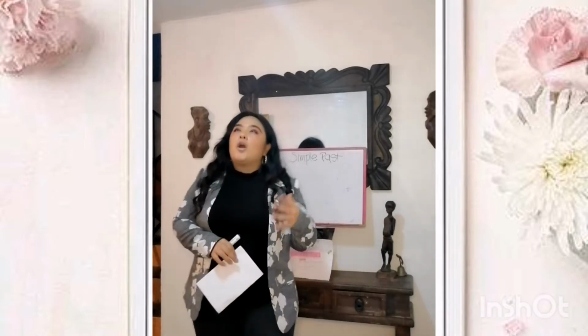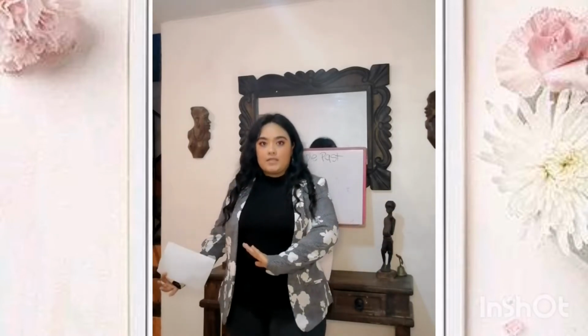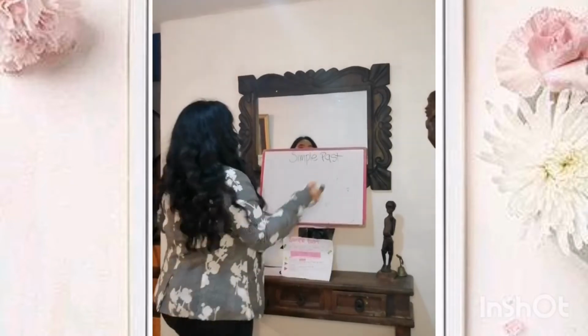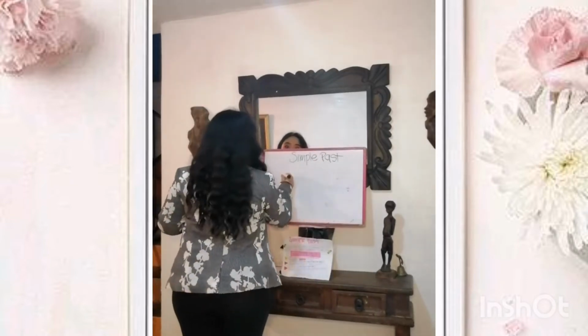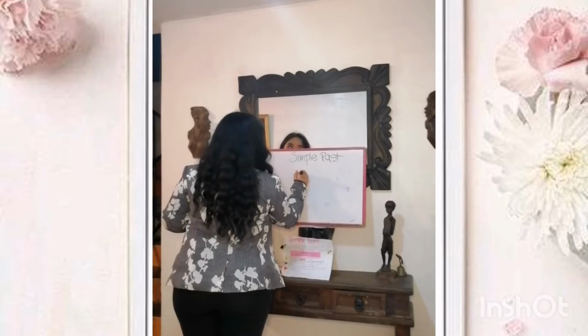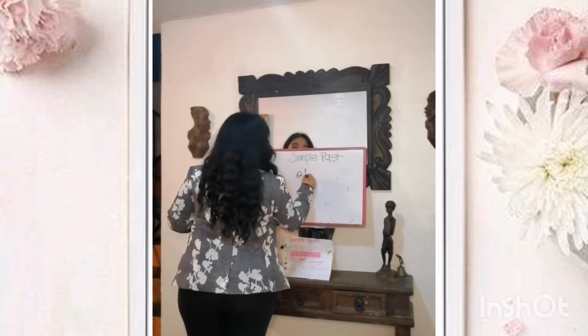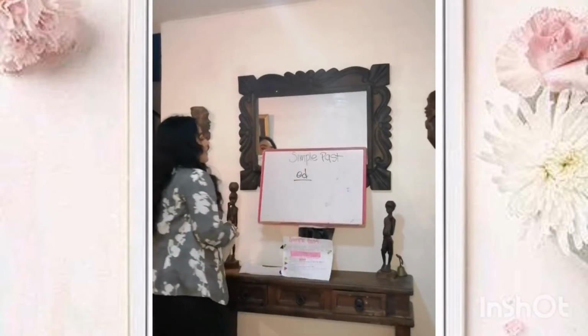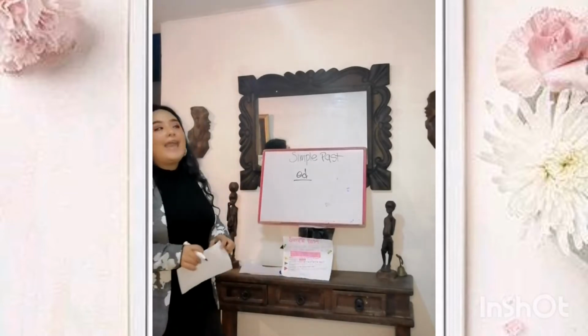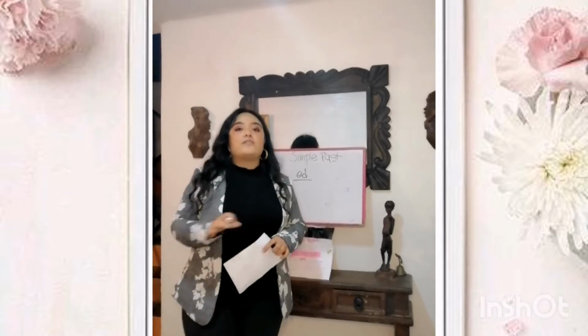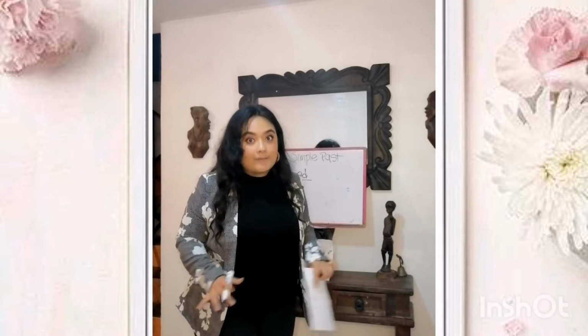All of the sentences that we write down have regular verbs and irregular verbs. The regular verbs are those ending in -ed, and irregular verbs are those that change completely.